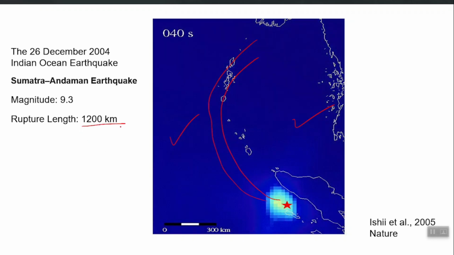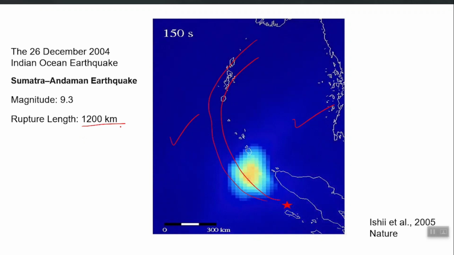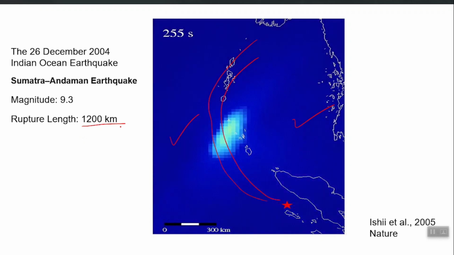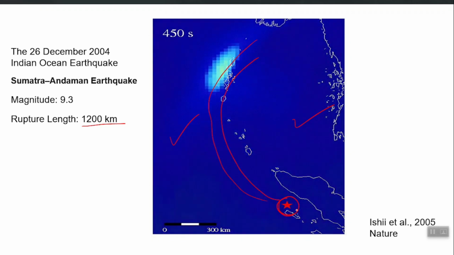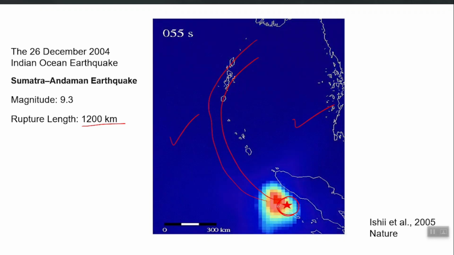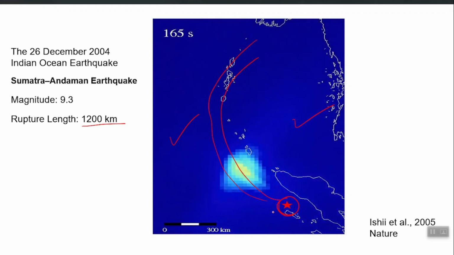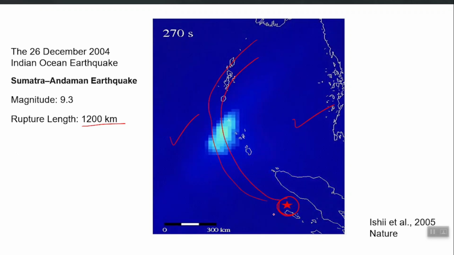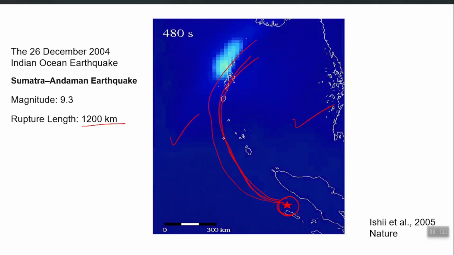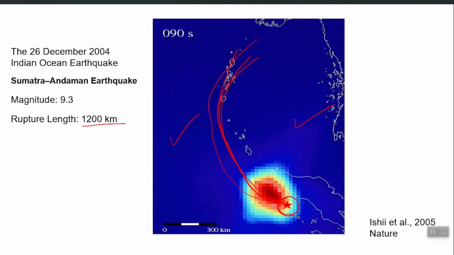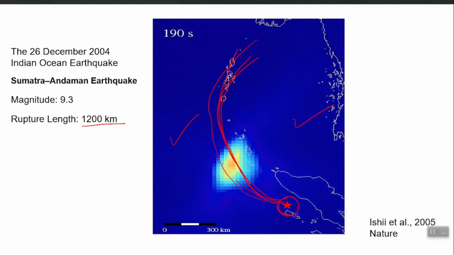Around 1200 kilometers of rupture length was experienced in that earthquake. So you see here that the epicenter is somewhere here, which I am encircling now, and the rupture started from below that epicenter, from the hypocenter or focus, and it traveled along this path because there was an existing crack or plate boundary or fault in that whole path, right?